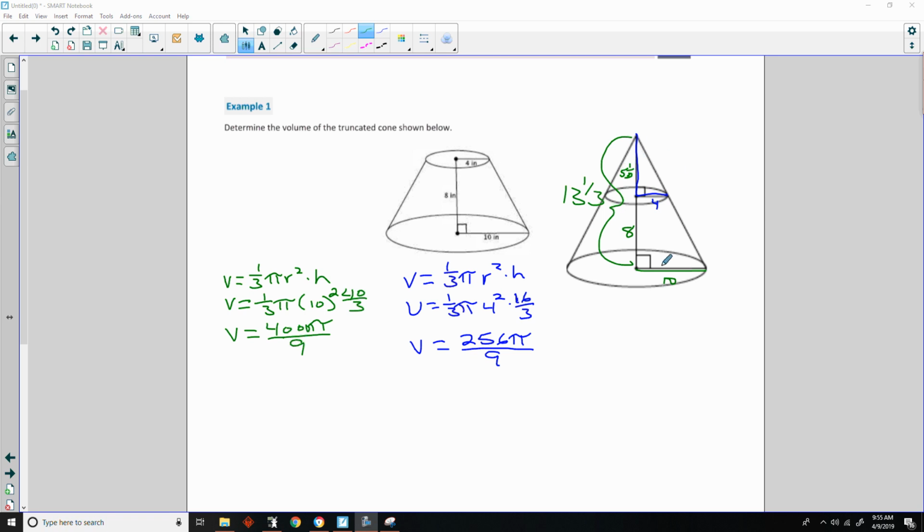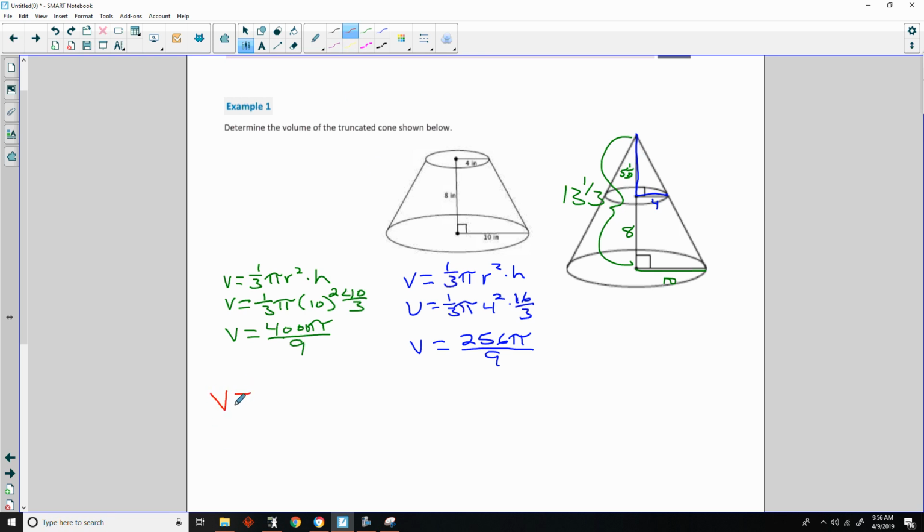So if we take the volume of the whole thing, subtract the volume of the blue equation here, which is the top portion cut off, we will get the volume of this. So the volume, wow, this thing, I just keep changing colors and it ignores me.